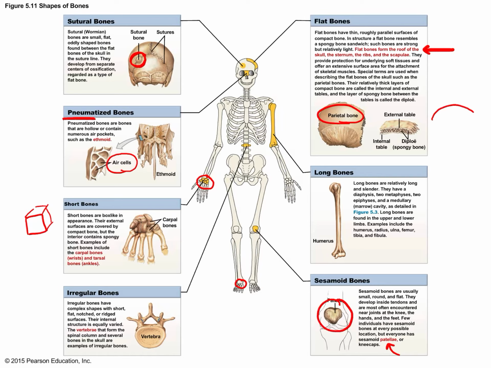Few individuals have sesamoid bones at every possible location, but some, I'm just reading this here, have them in your hands and feet, but this can be variable. They develop inside tendons. That's your big definition here.